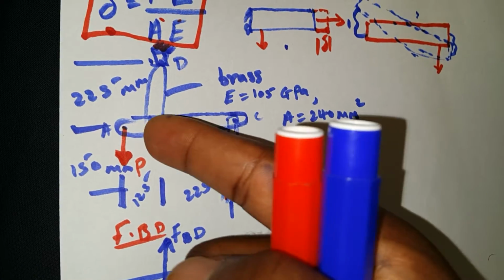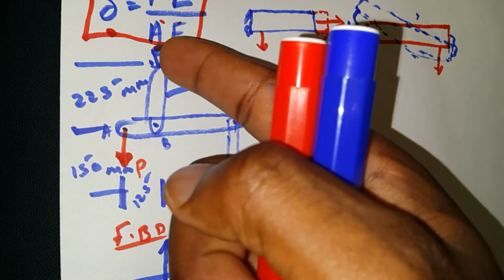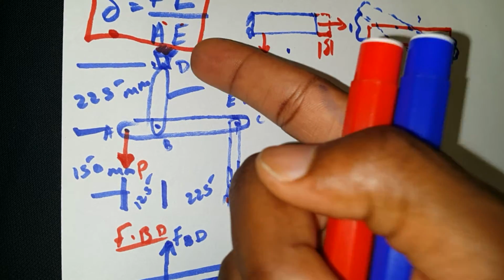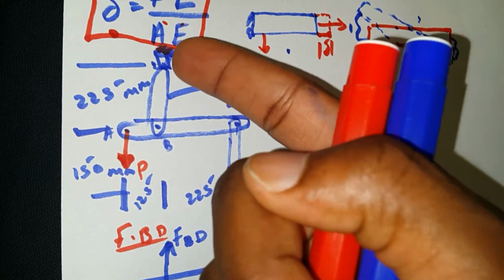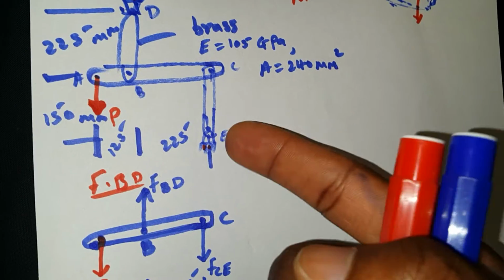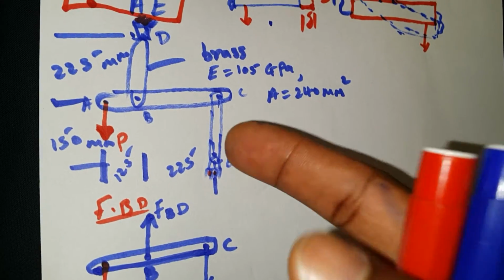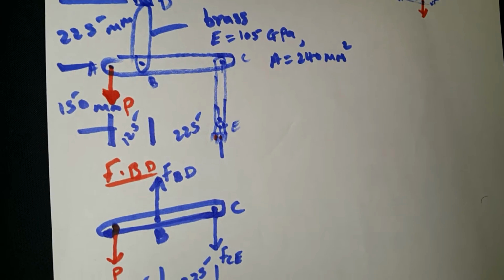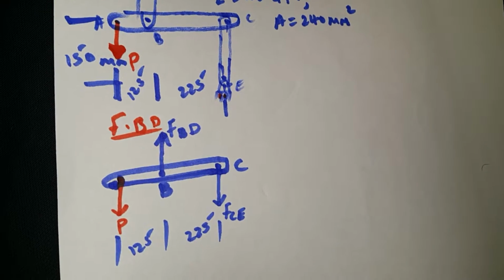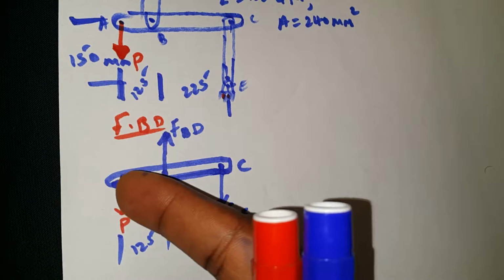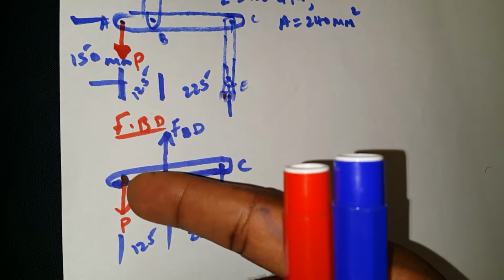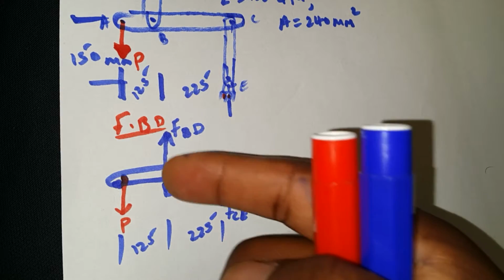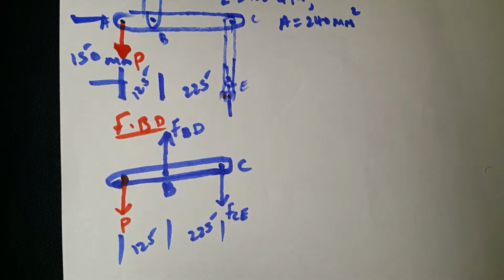Some students will just draw this, come here and put two reaction forces. By the time you find these two reaction forces, time is not on your side anymore. So just take the member that the force is applied on, then indicate the others with another force.